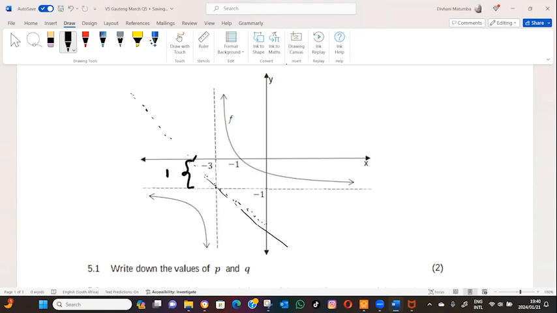So what we know is that on this graph, for every step that we go down, we will go 1 step forward.